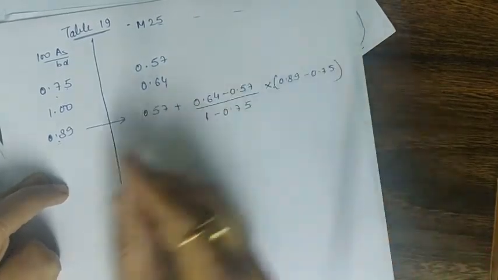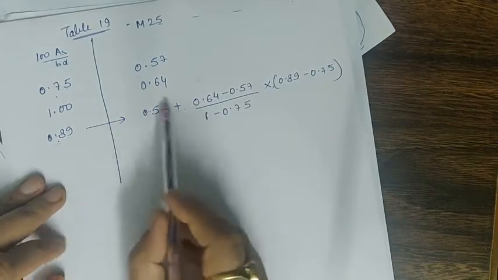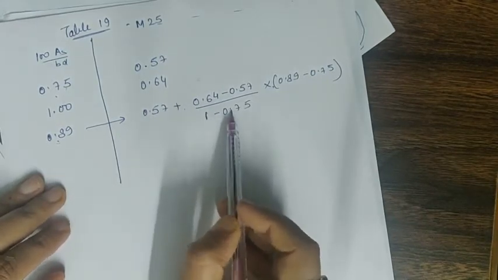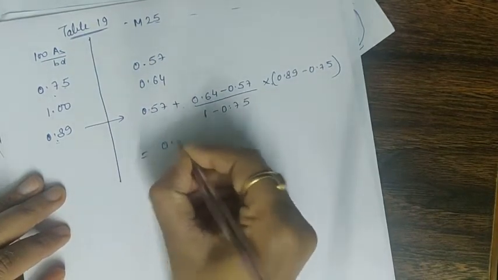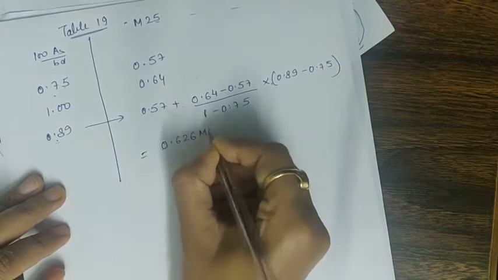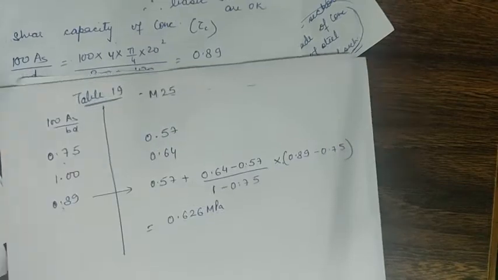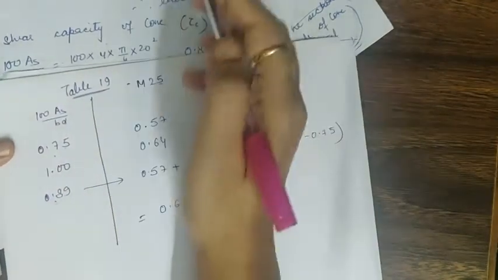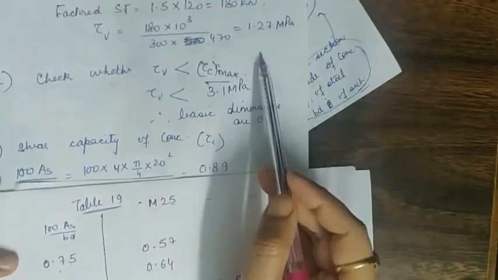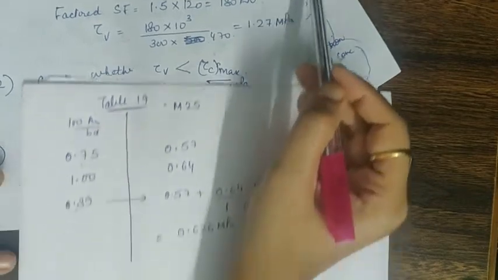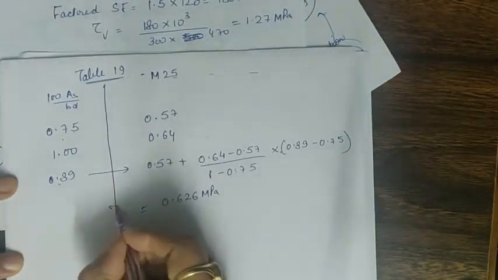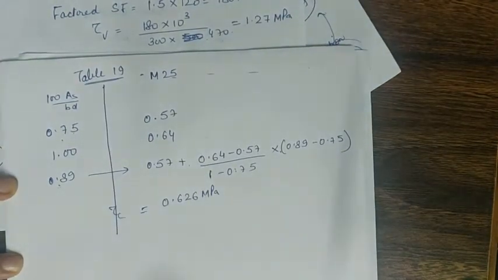You have done this a number of times, how to get the values from linear interpolation. So this value is coming out to be 0.626 megapascal. Okay. So your next step is, you have already calculated tau V, it was 1.27 megapascal. Your calculated value of tau C is 0.626 megapascal.